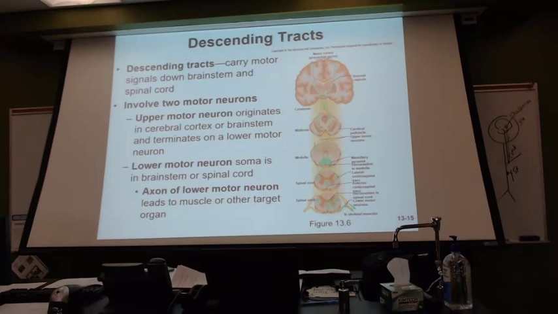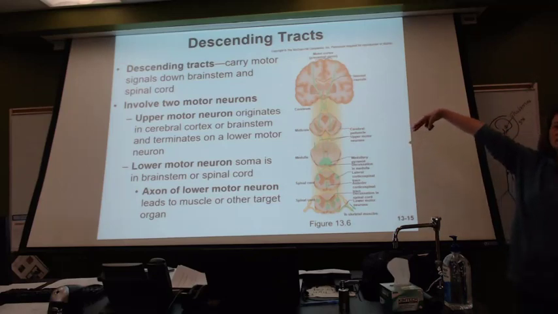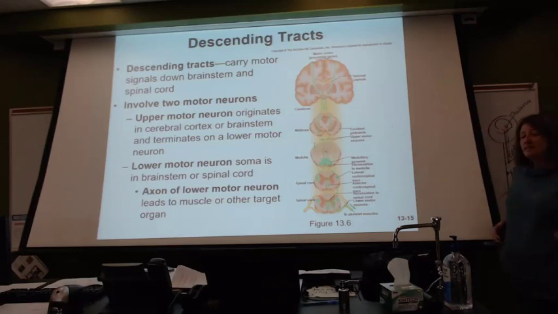So motor means I'm going to get an effect. Something's going to happen. These have two neurons. So we simply say there is an upper and a lower.